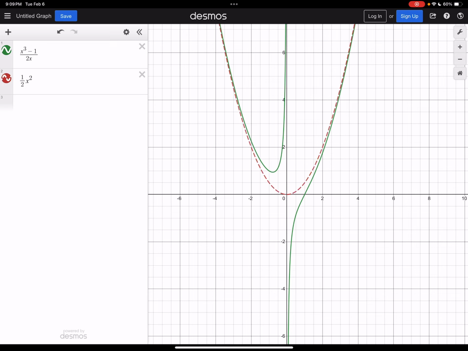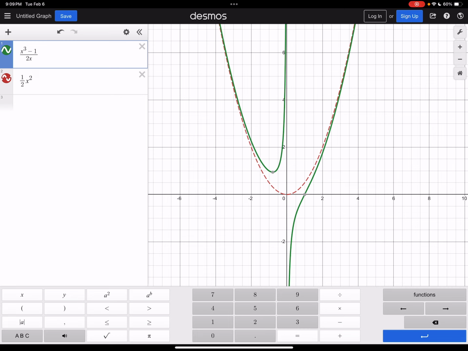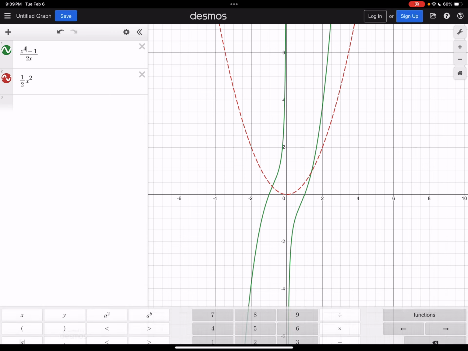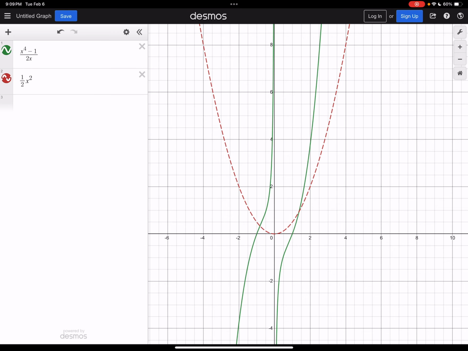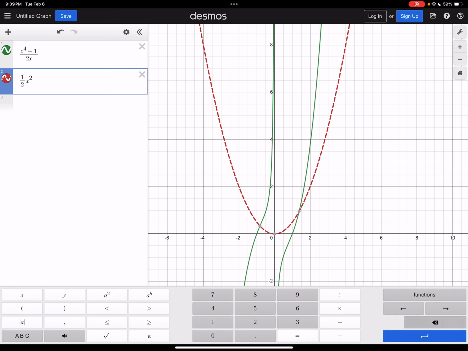One student asked, what happens if it's a difference of 3? Does that make it a cubic? So look, I'm going to raise this to the power of 4. Now the difference between the numerator and denominator degrees is 3. So does that mean it's going to be a cubic asymptote? Well, let's change that from x squared to x cubed.